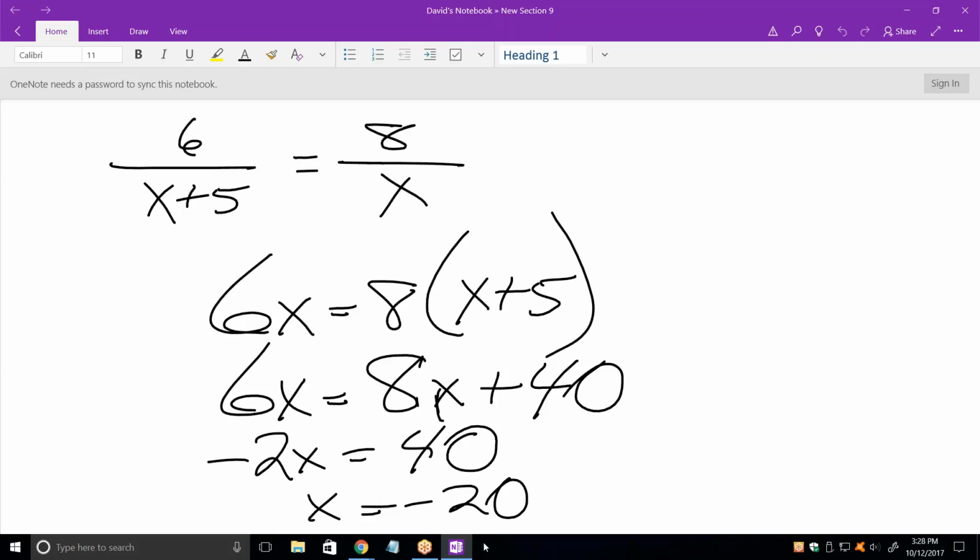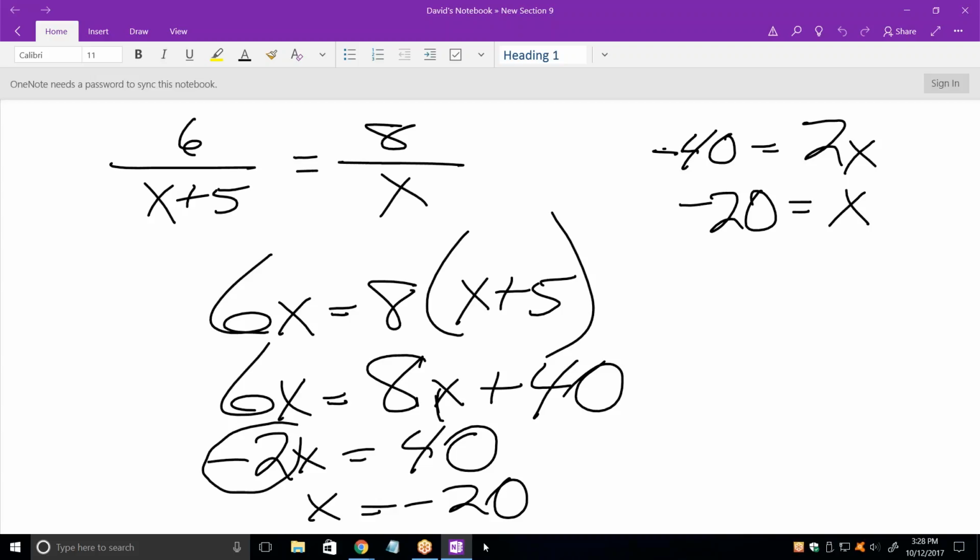I would have ended up with minus 40, because then I would have had to take it to the other side, equals 2x. So I get the same answer, as you always will. The only difference is that when I did it your way, I had a negative 2 there. When I did it my way, I had a positive 2.